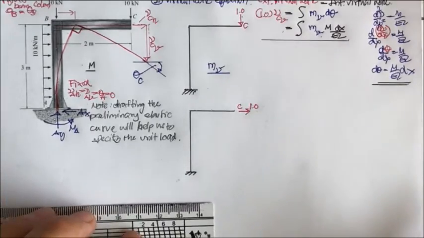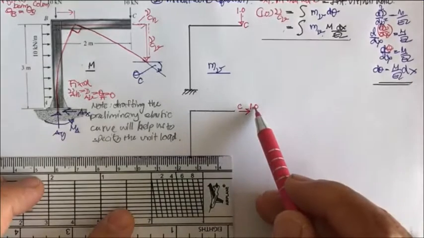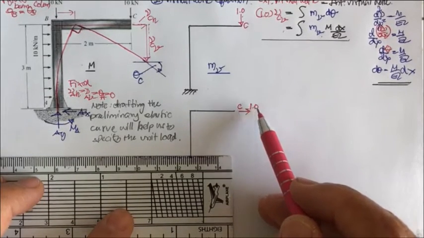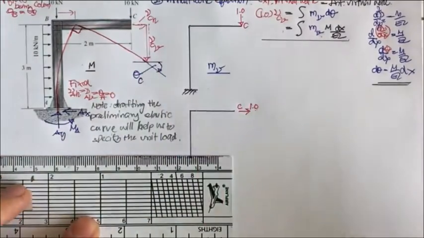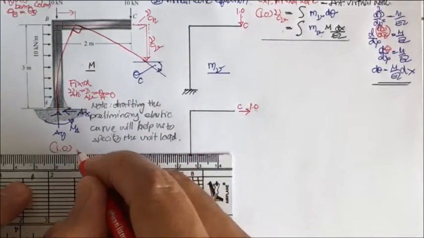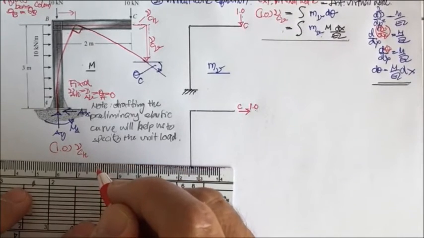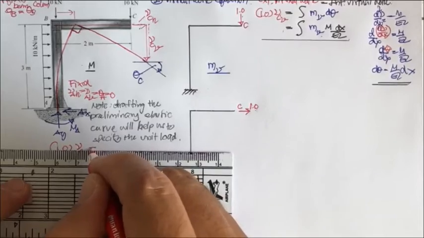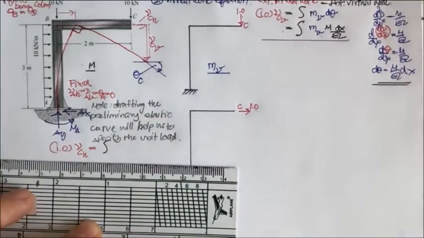Okay, next, what we have is this going to be what? This is going to be 1 point. Okay, unit load, and this unit load is going to be times this deformation. So the next equation we have is 1.0 times the horizontal displacement at C. That is going to be equal to the integration of what?